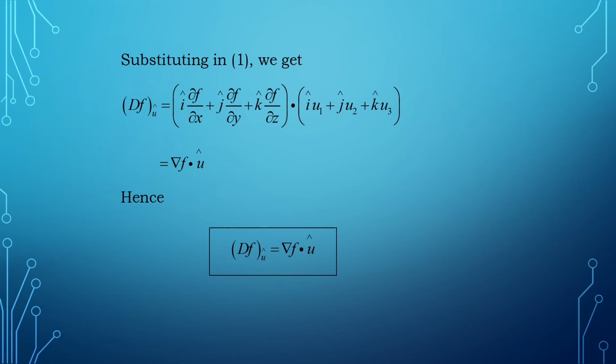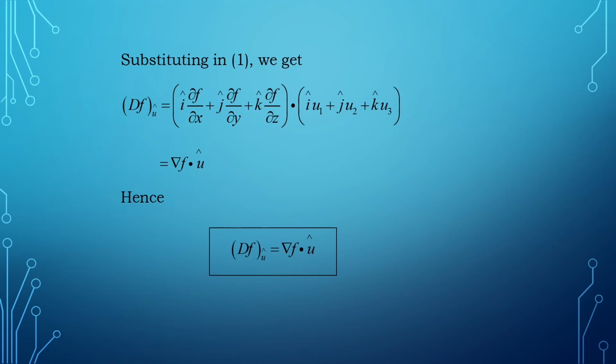We have already found the values of dx by ds, dy by ds and dz by ds. We have to substitute these values in our previous equation 1. Then we get df at u cap equals i cap dou f by dou x plus j cap dou f by dou y plus k cap dou f by dou z dot i cap u1 plus j cap u2 plus k cap u3.